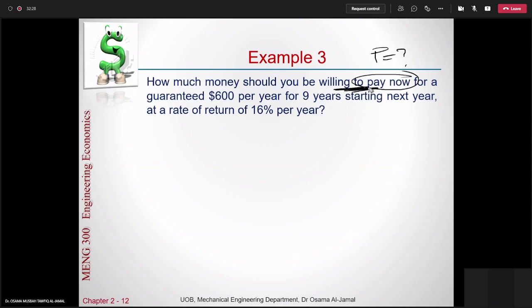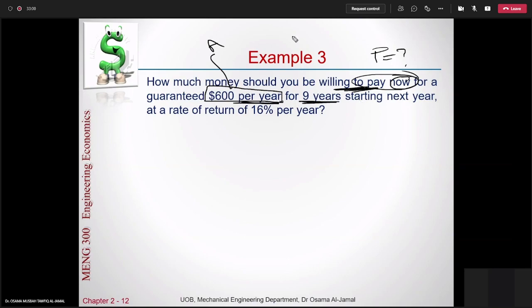Because it says now at time 0, for a guaranteed $600 per year. What is that? The annuity. This is the annuity to guarantee to get yearly. For how long? 9 years. Starting next year.